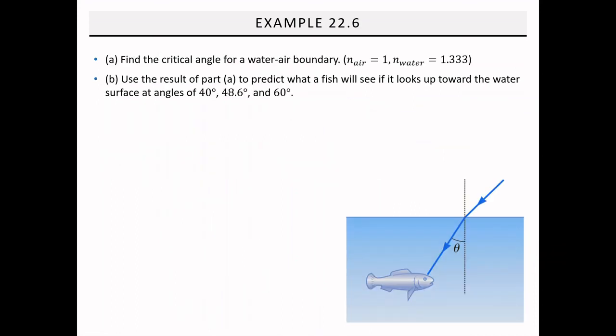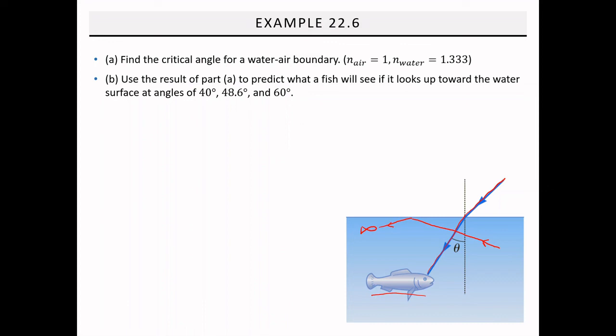The second example is 22.6, and this is an interesting application of total internal reflection. The idea is that if you're a fish and you're living underwater, all the light you see from above is refracted because it passes from air into water. But if the fish instead were to look at a more shallow angle, then the light that the fish sees will not come from the sky above, but it will have been totally internally reflected from somewhere below.